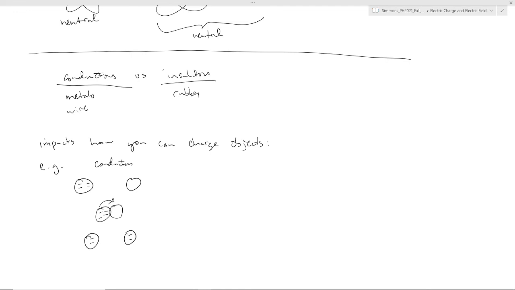You can also change the configuration of charge in objects without touching them. So I should say this is basically conduction, or touching, as opposed to the other way. The other thing that you can do is called induction.